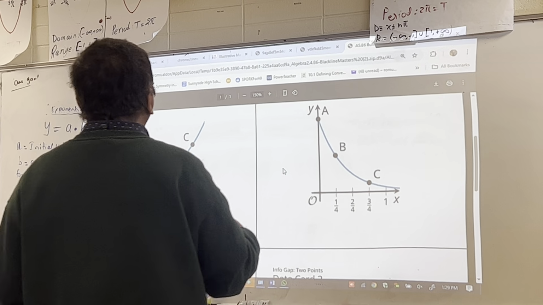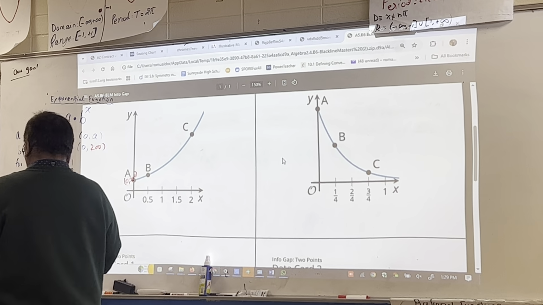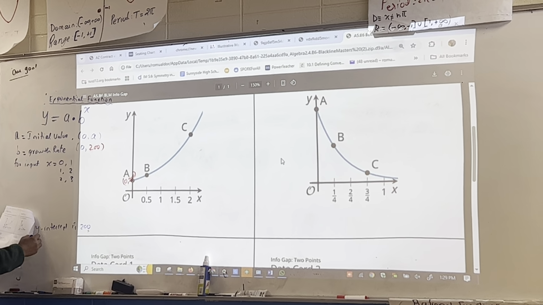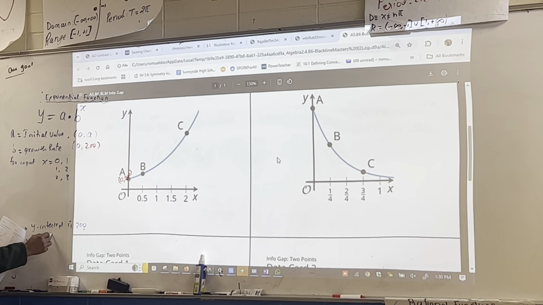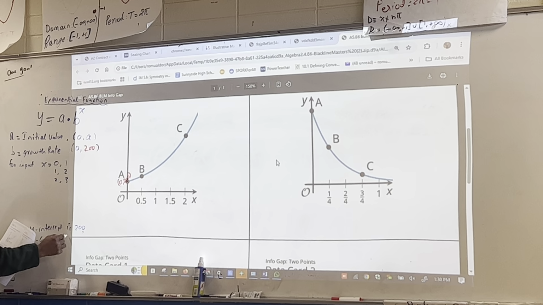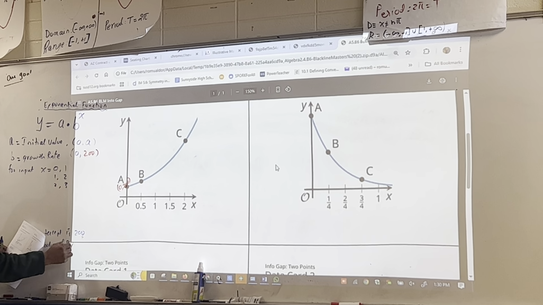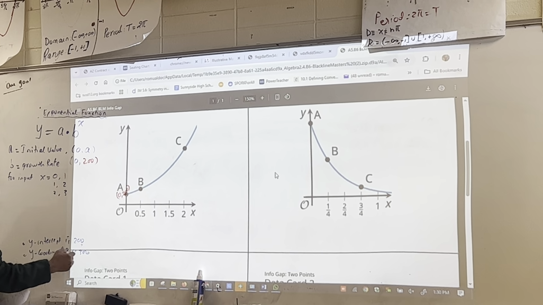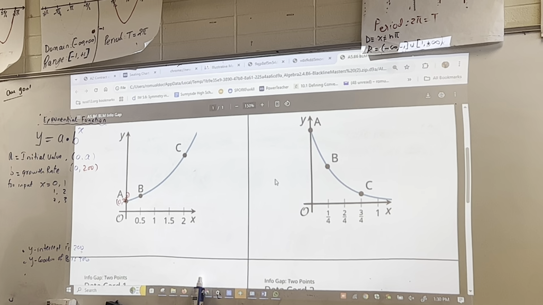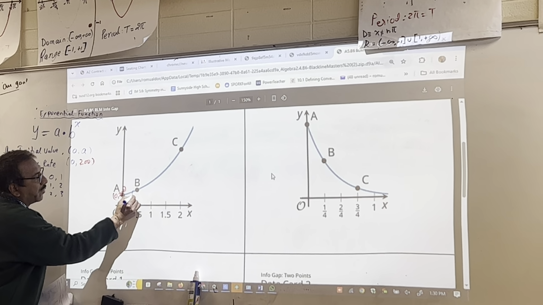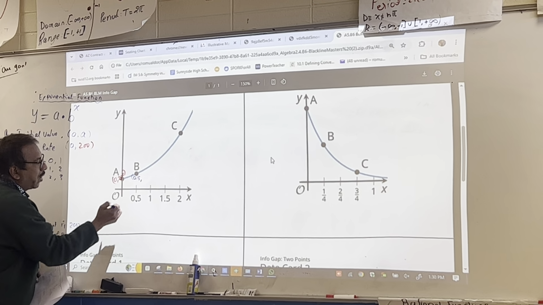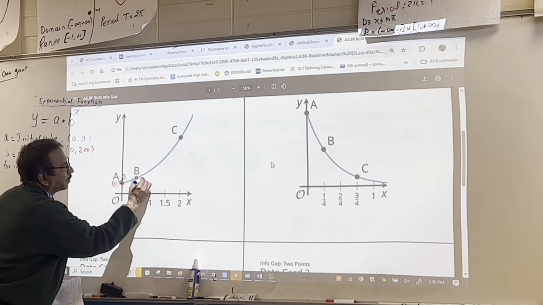But in the problem, if you see the information provided, the y coordinate of b is 300. So that's the second information. So this point is when it is 0.5. This point is 300.